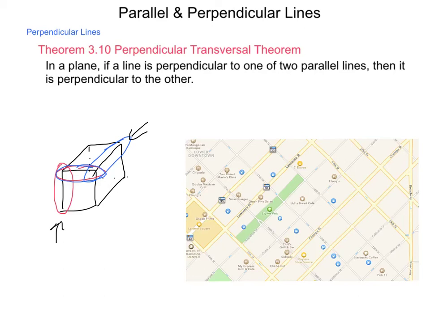Now, working in a specific plane, the map shown here is a section of downtown Denver, Colorado, and we have a lot of parallel and perpendicular lines in here.